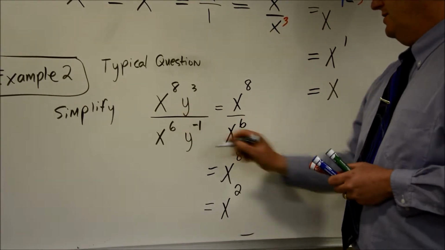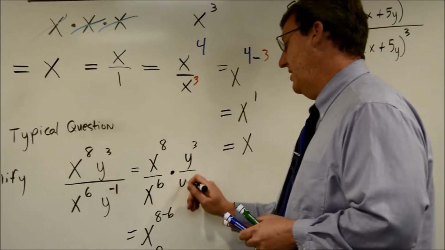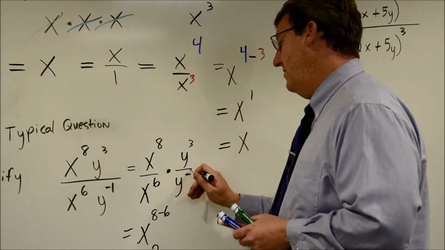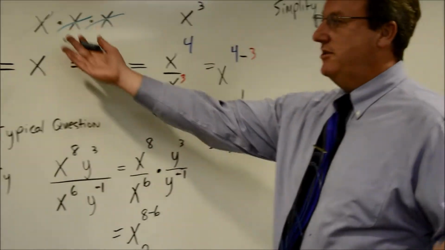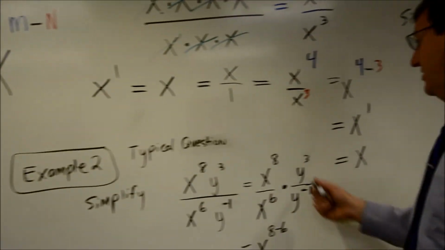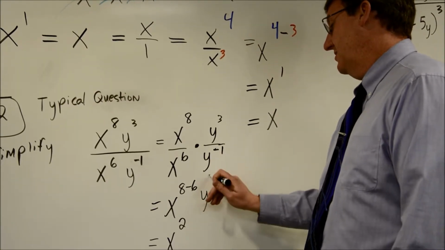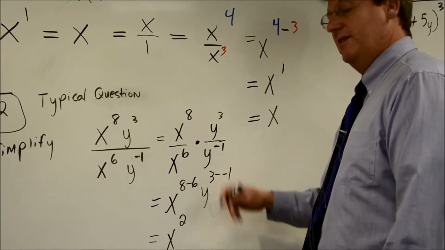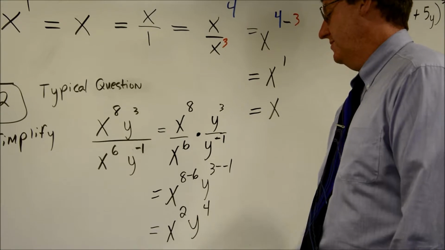Well, what about the y's? You can look at this as y cubed over y to the negative 1. Oh yeah, OMG, a negative exponent. So negative 1, just treat it like you do with the formula. Top subtract bottom. So this is going to be 3 minus a negative 1. What's a minus minus? You might remember that becomes a plus plus. So this becomes y to the 4th.